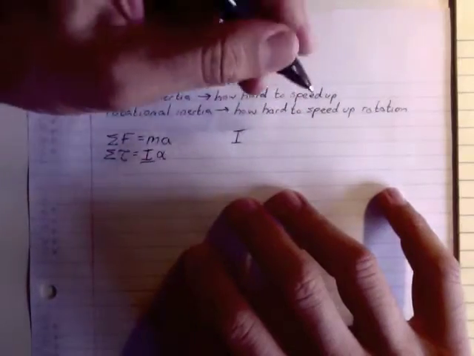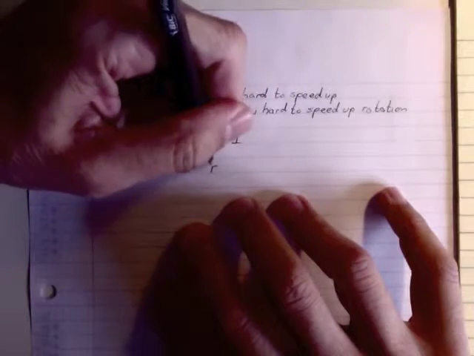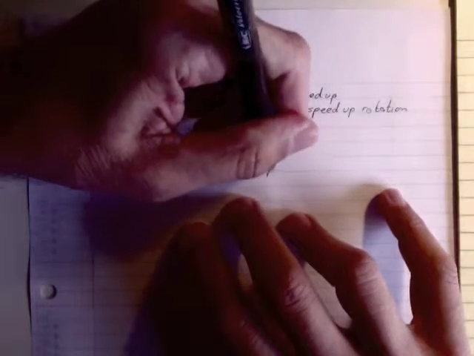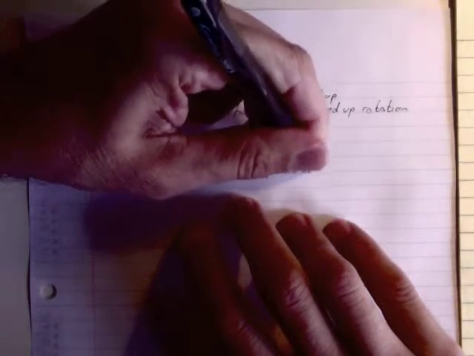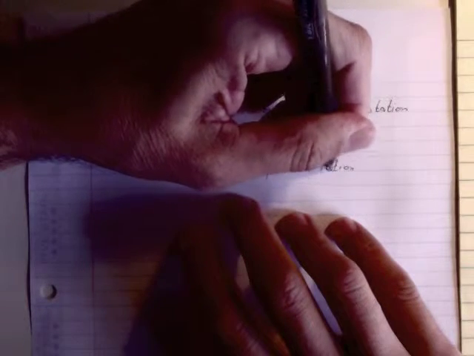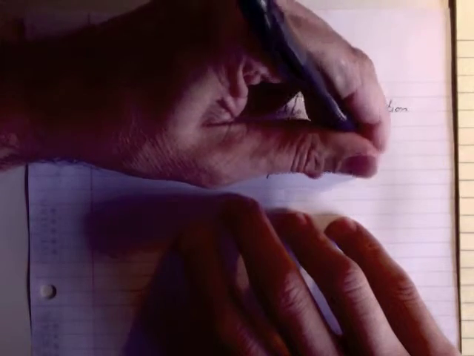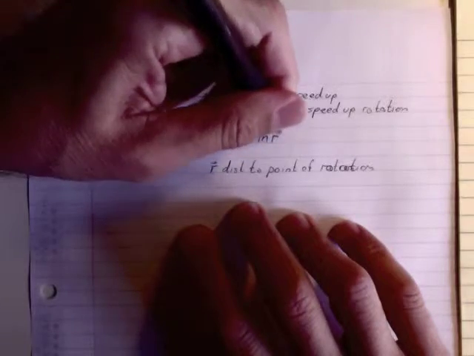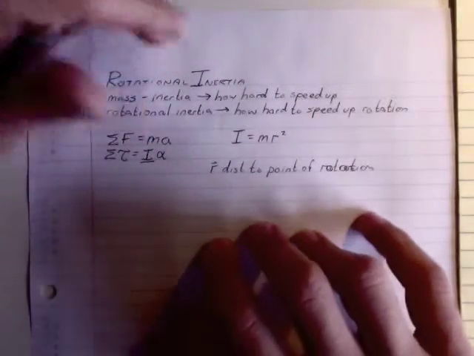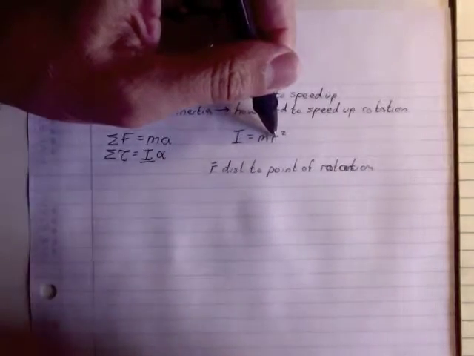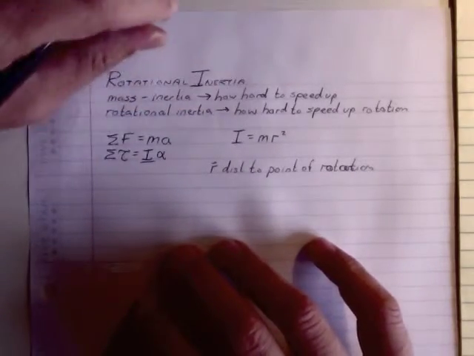So if we use r to be the distance to the point of rotation, then I is going to be the mass times r squared. So more mass, more rotational inertia. The farther away the mass is from the point of rotation, the more rotational inertia.